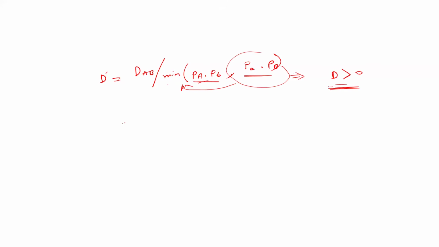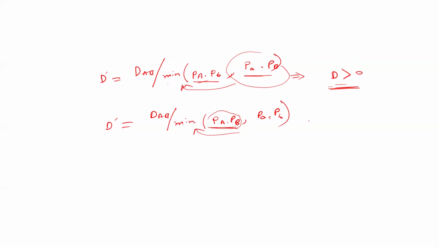Okay, and then another formula is there, D dash D capital A capital B divided by minimum of capital A P capital B, P small a P small b. Whichever value is lower is included in the denominator portion.